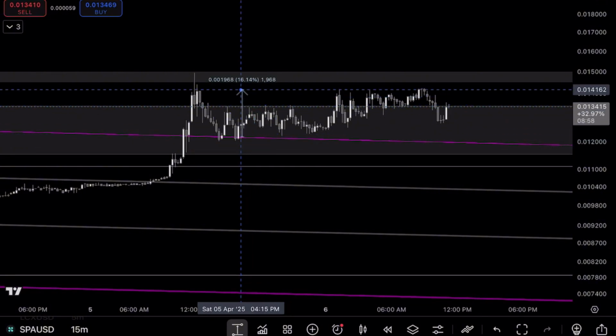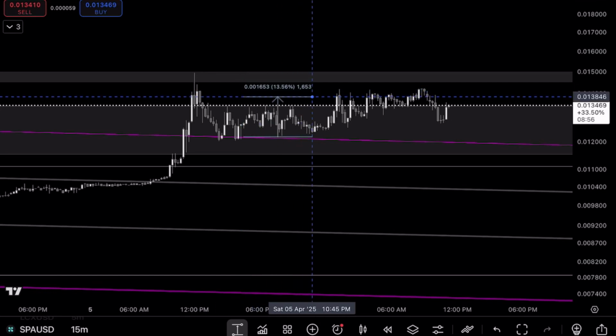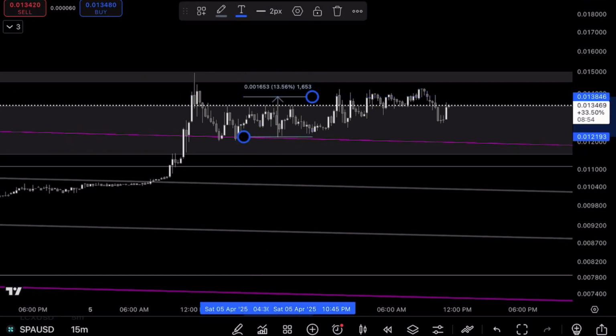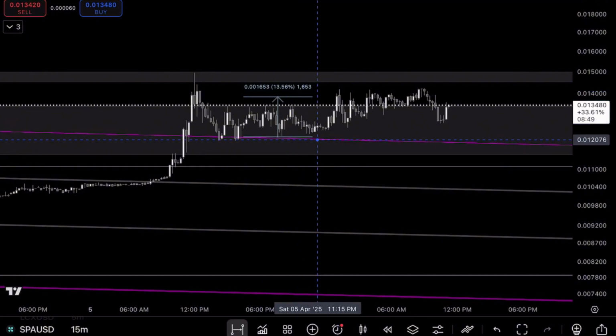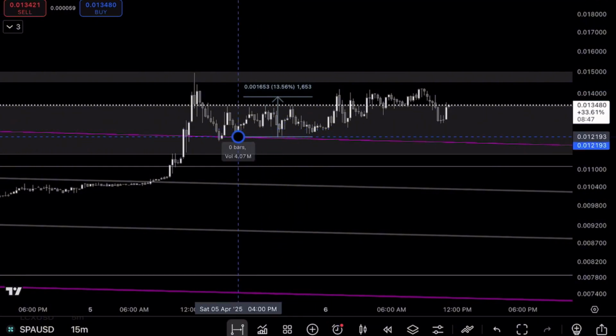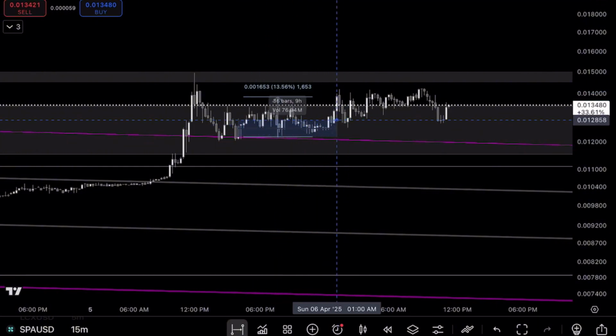Not bad, 13 or so percent. How long did it take for it to do that? That's the other thing I always look for. Oh, not even a whole day. So this will be interesting. It took 9 hours for 13%.